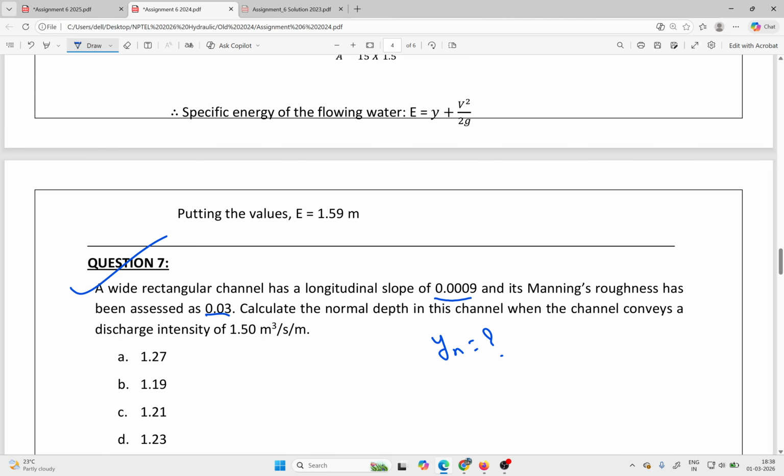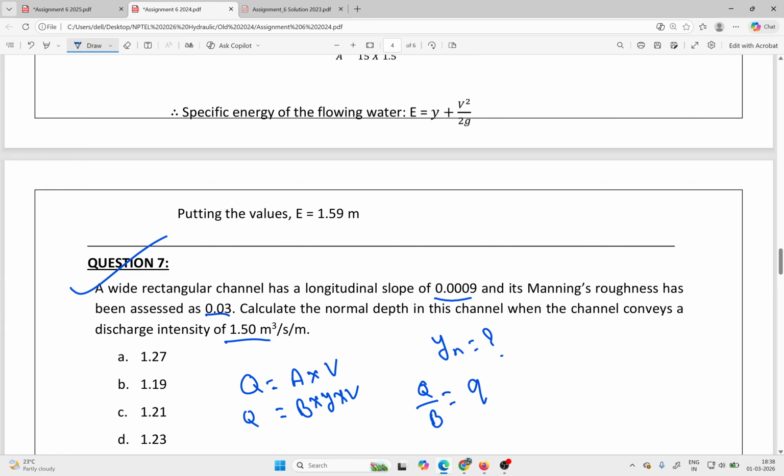You have a wide rectangular channel with discharge intensity given, so write the formula in terms of the given data. Discharge is equal to area into velocity, and area is B into y. Discharge by B is your intensity.